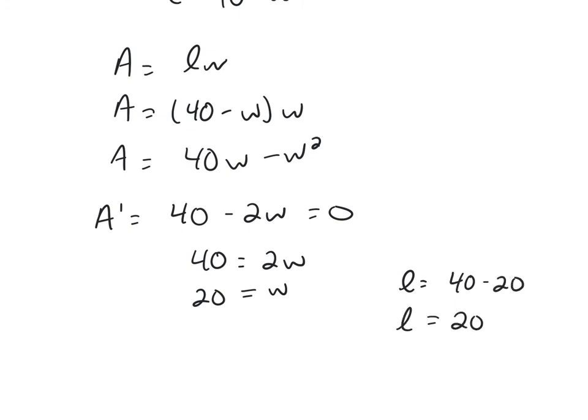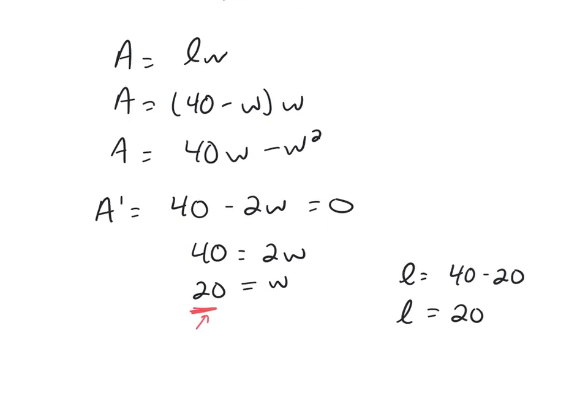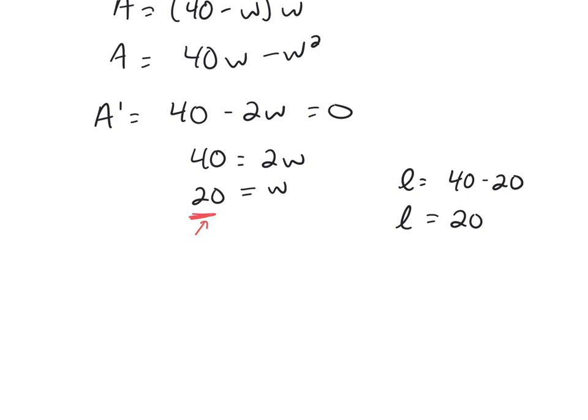Now you need to verify that this actually corresponds to a maximum in terms of your area. So if you look at your derivative, you can make your sign chart. Here's 20. Pick something smaller than 20. If I put in 10 into my derivative, it'll be positive, but if I put in 30, it'll be negative.